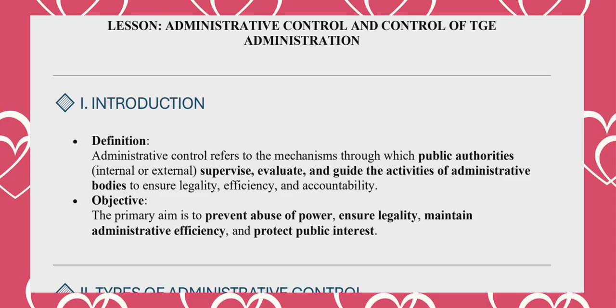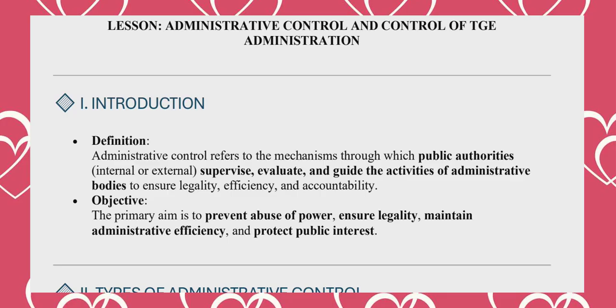So when we talk of administrative control, it is a mechanism that public authorities will use in order to supervise the institutions, to evaluate, to guide the activities of the administration.